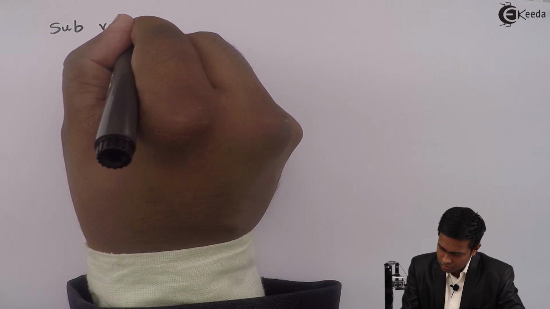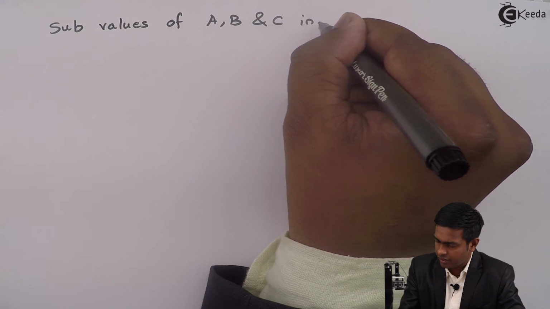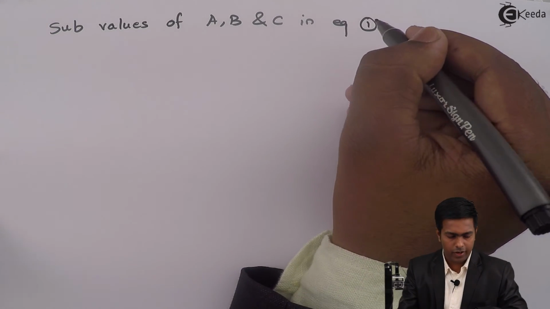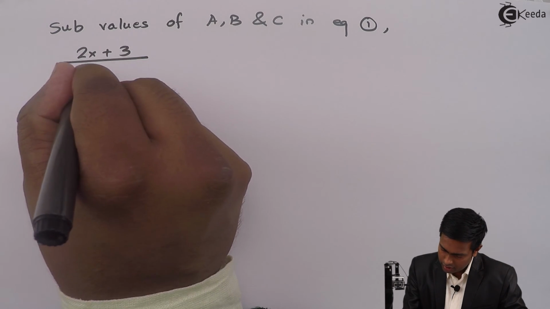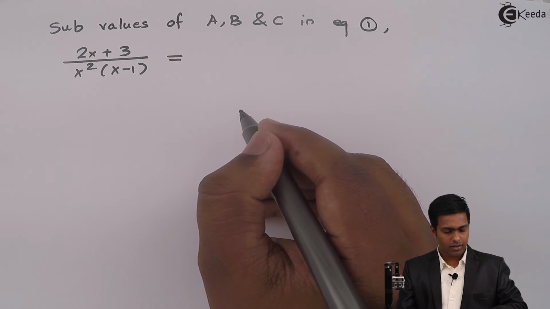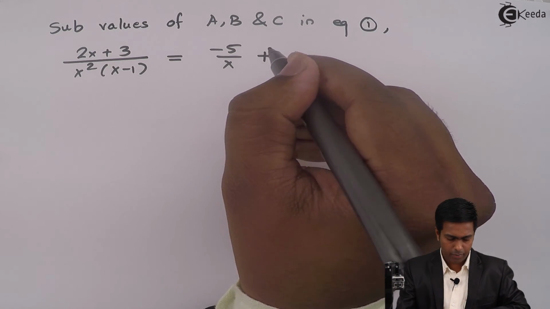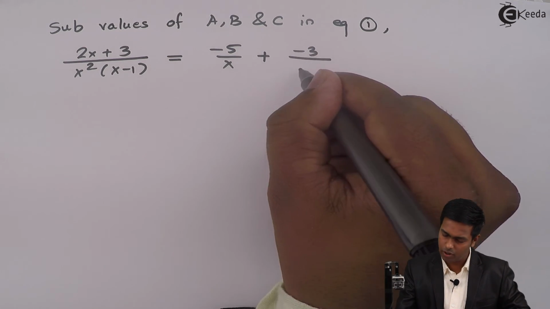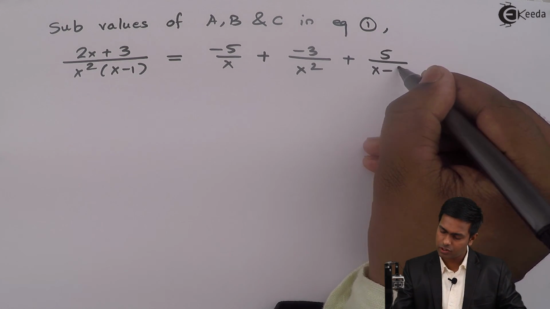Substituting values of a, b and c in equation number 1, we will get 2x plus 3 upon x square into x minus 1 equal to, a is minus 5, so minus 5 upon x, plus b is minus 3, so minus 3 upon x square, plus c is 5, so 5 upon x minus 1.